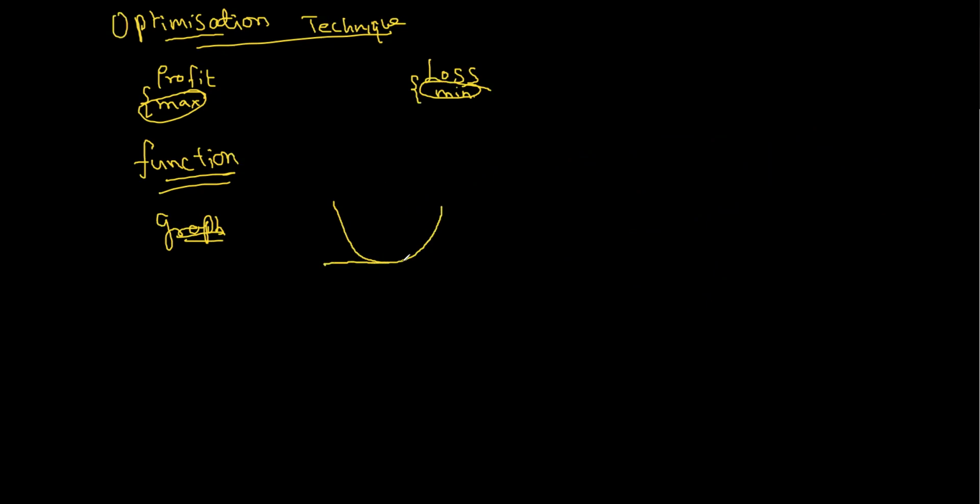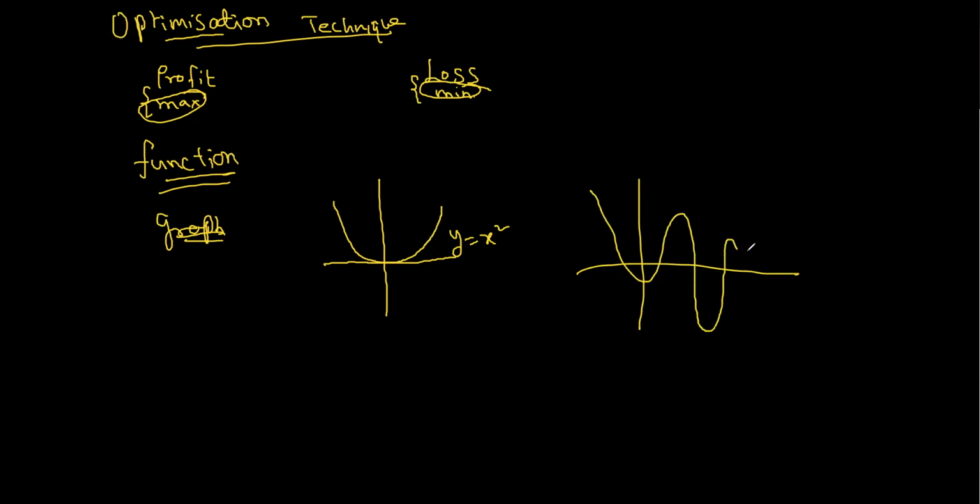This is the graph of what? x square. So I show you two graphs. This is the graph of x square. This is something like an irregular graph.